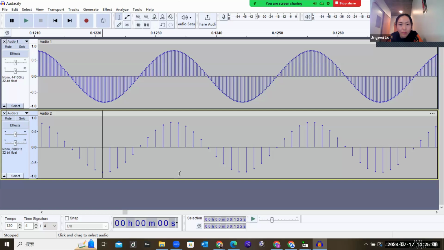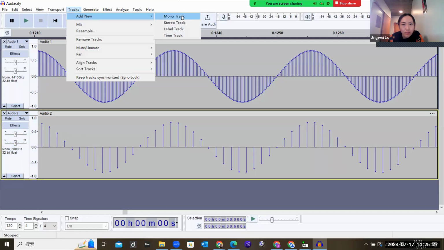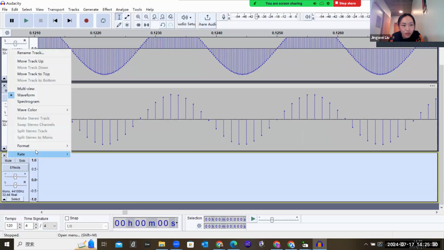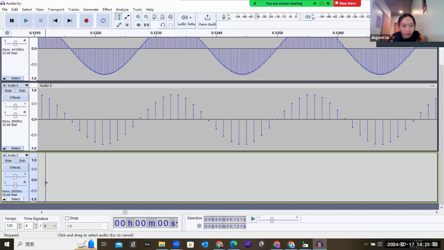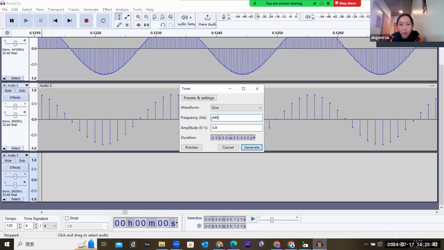But what if we generate a different tune? You can try it with a different tune, but let me see what I will do. Let me generate a new track and still change this rate to 8,000. Now I will generate a tune of 2000 hertz.